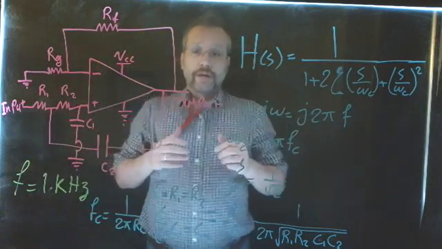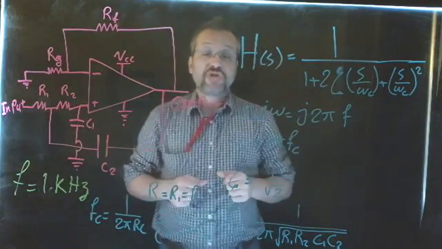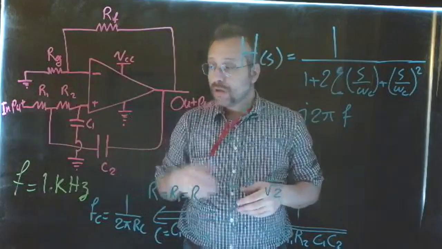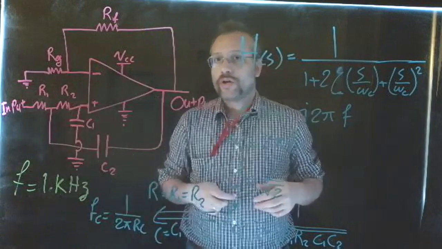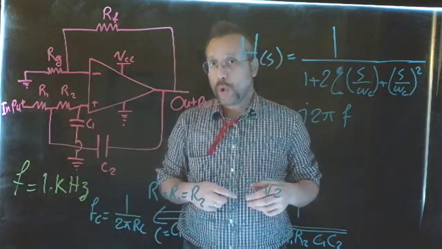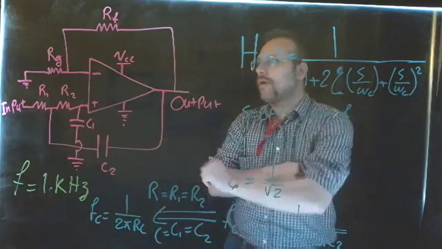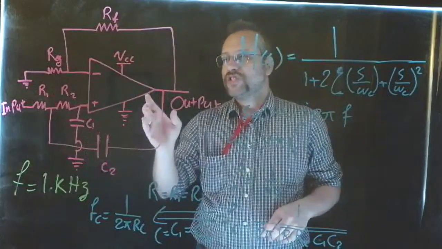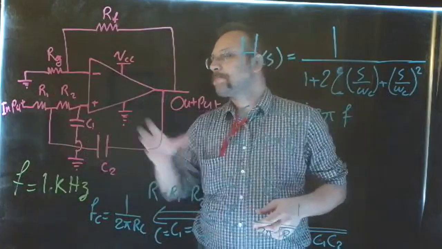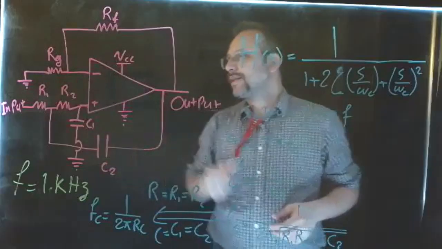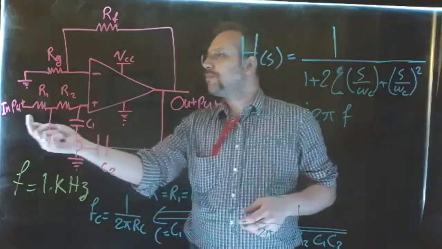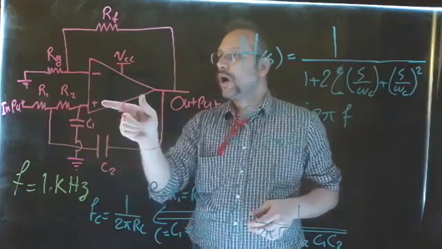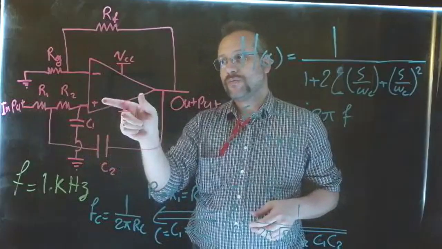Okay, let's talk about how we can design a second order active filter using an op-amp. Again, in our example, we are going to use the op-amp model LM324, which is a general op-amp. As you can see, this is the schematic for the Butterworth second order filter. In this schematic, you can see that we are injecting the input through the R1 and R2 resistors into the non-inverting terminal, the positive one.